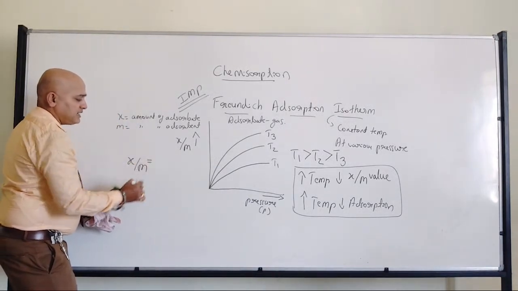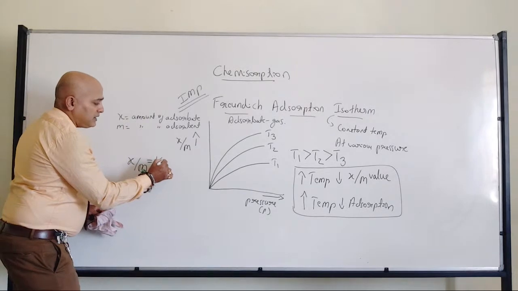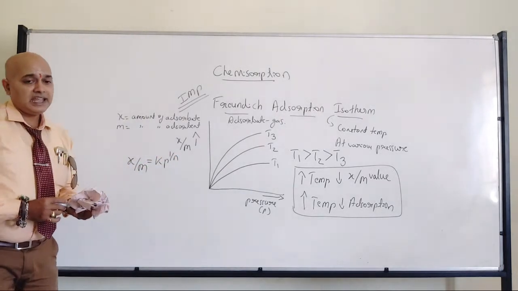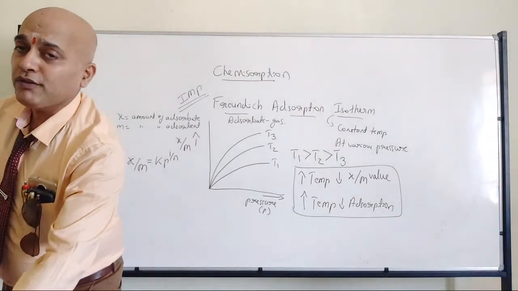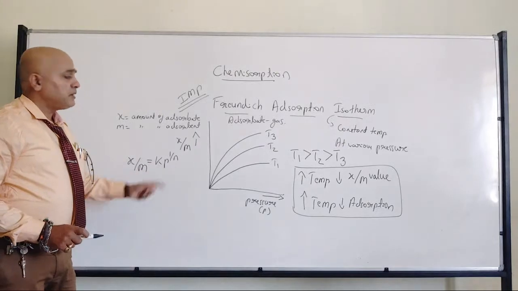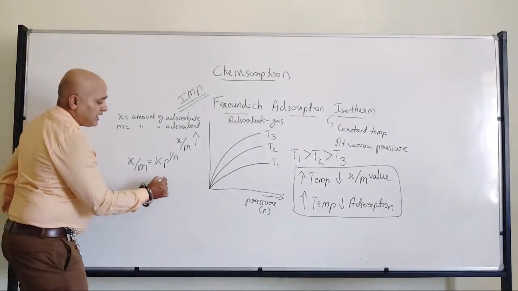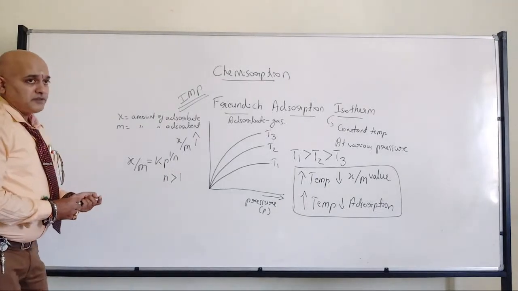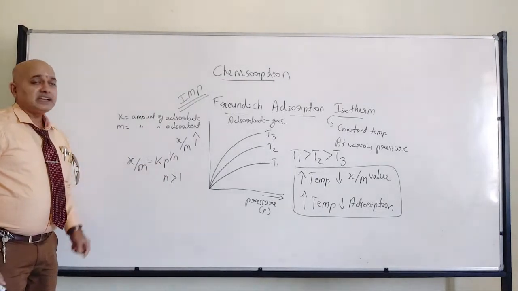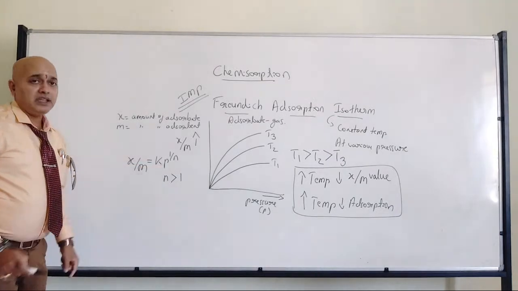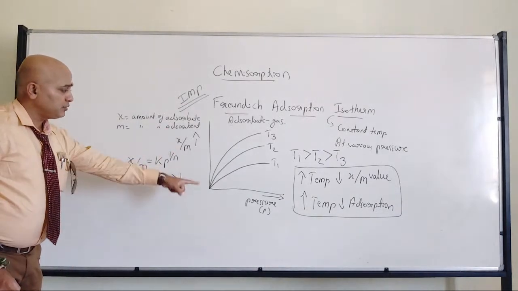Now based on this we have an equation, or this graph is based on the equation where x by m is equal to k p to the power of 1 by n. One point is very clear: the n value should be greater than 1. Now x by m and p, I have already told what those are.